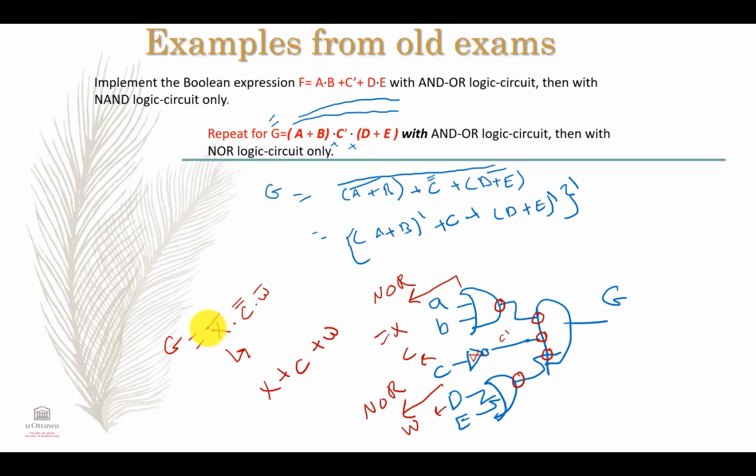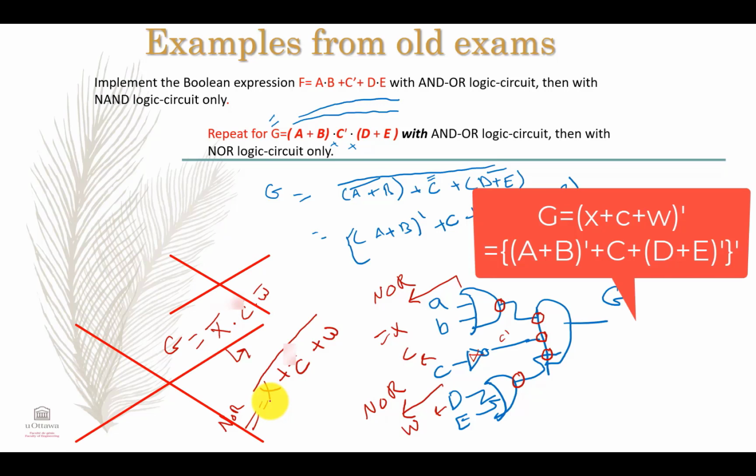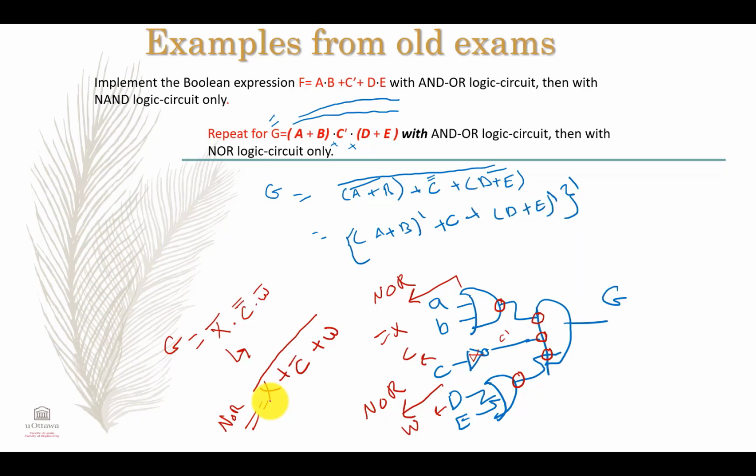So this will be just X, this will be C prime, and this will be just W, all of it inverted. So this is basically a NOR gate with 3 inputs, okay? So that's, guys, how I can implement any logical function using a NAND only solution or a NOR only solution, okay?